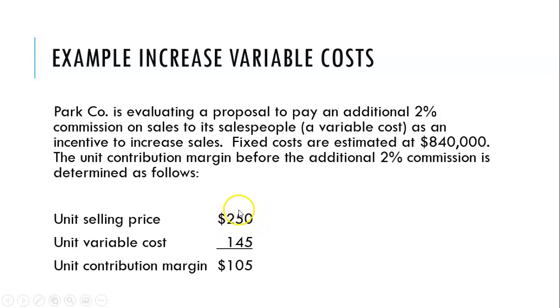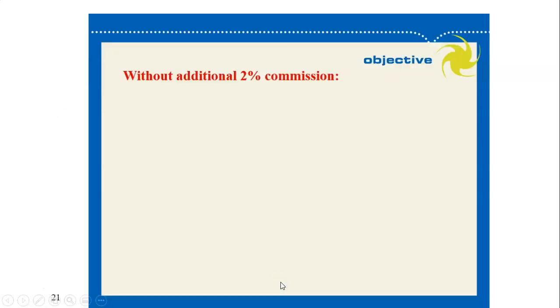So $250 times 2% commission is $5. Okay, so we're going to have an extra $5 of unit variable cost. So that'll be $250 minus $150, and that'll give us a $100 contribution margin with the extra commission.